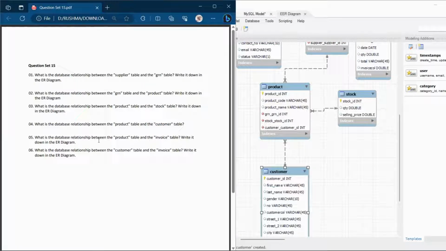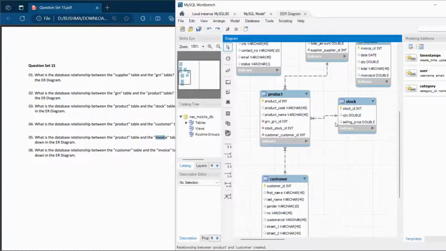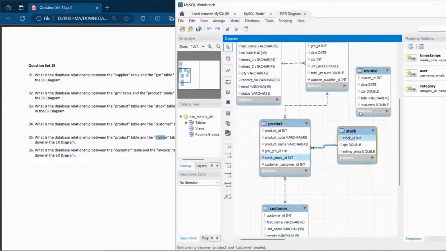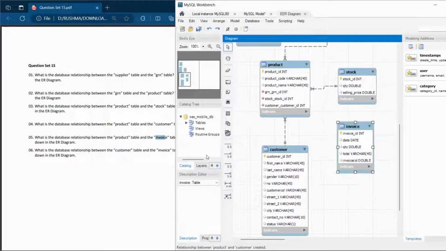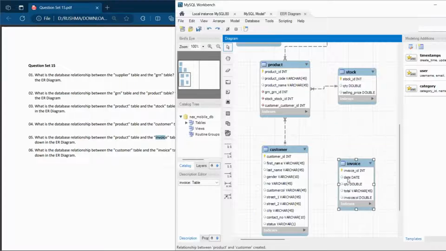And then we have the fifth question. It says what is the database relationship between the product table and the invoice table. So this is the product table and here's the invoice table. If you look at this, one invoice can have many products. But if a person buys one product, that will have a unique invoice, right?